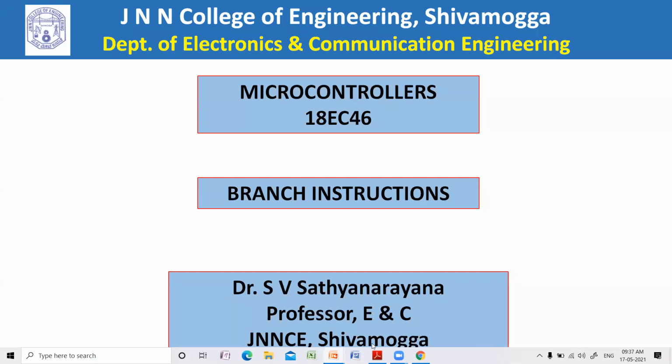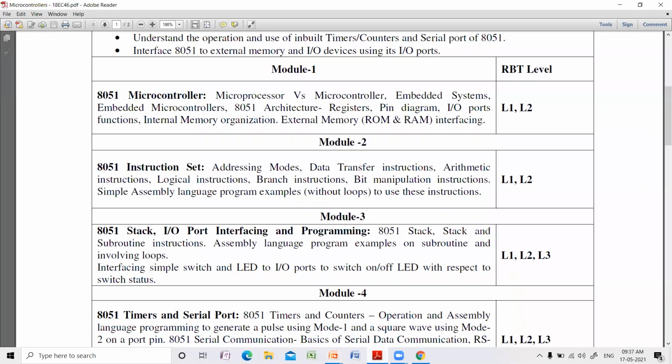So we were discussing module 2 in the last week. We have completed addressing modes, data transfer instructions, arithmetic instructions, logical instructions, and bit manipulation instructions. The last set of the instructions is branch instructions.